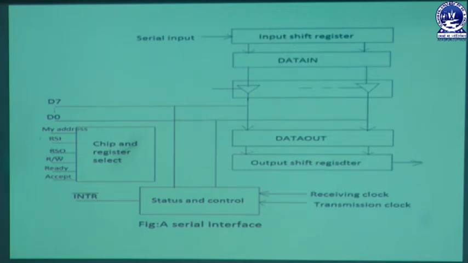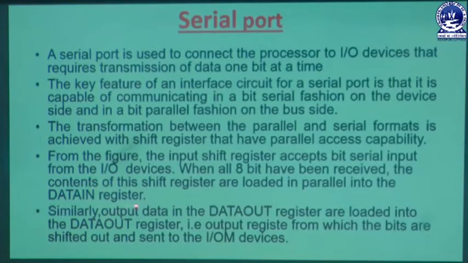Similarly, output data is loaded into the data out register, that is the output register, from which the bits are shifted out and sent to the input and output devices.